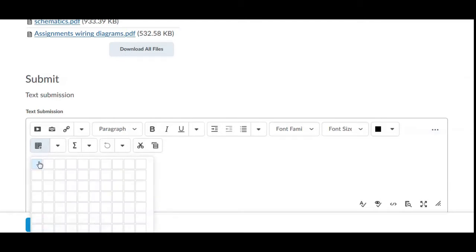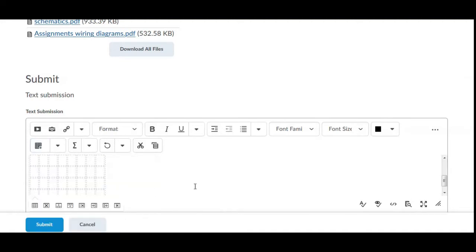You can open it up. 1, 2, 3, 4, 5, 6, 7, 8. 1, 2, 3, 4, 5, 6, 7. That gave me my grid. Notice I have to go back up to the top of it to review it. And we are using wiring diagram 24-00-01.